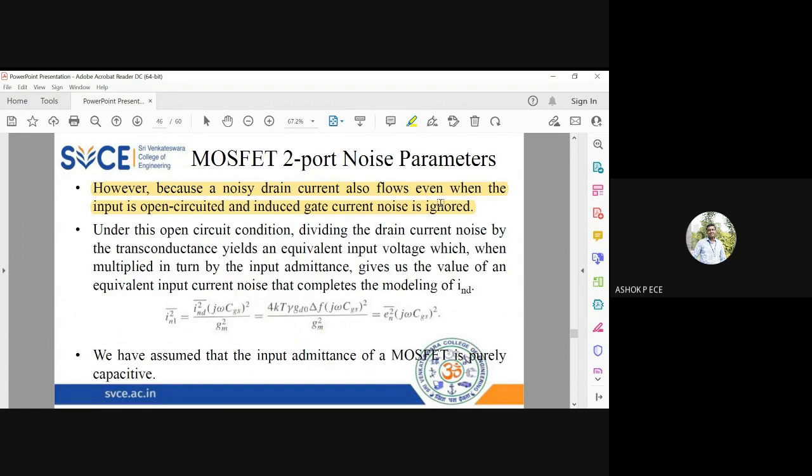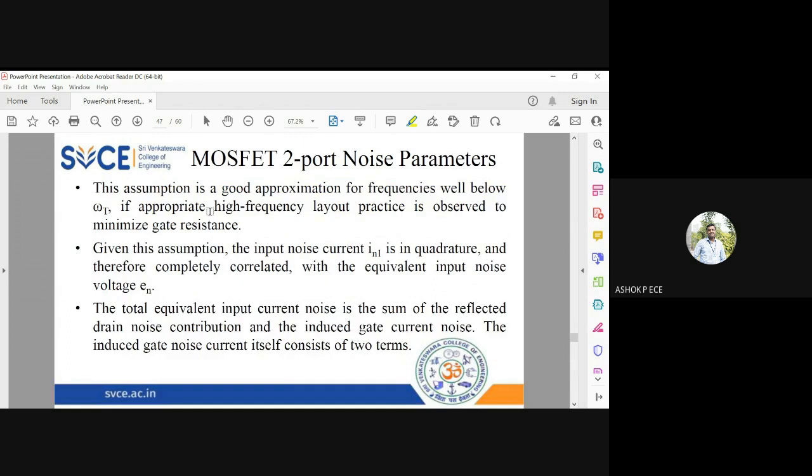Under that condition, whatever current is flowing is given by the noise current, so I can model that by this equation. So I square n1 equals this expression. This will give a very good approximation for omega T if I minimize the gate resistance. The input noise current I_N1 is in quadrature and therefore completely correlated with the input noise voltage EN.